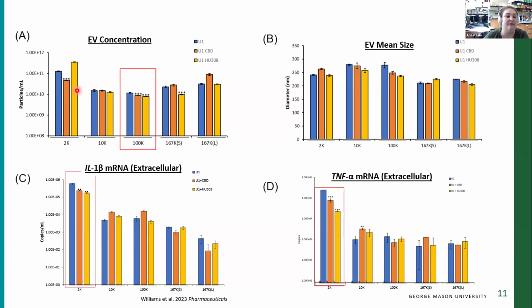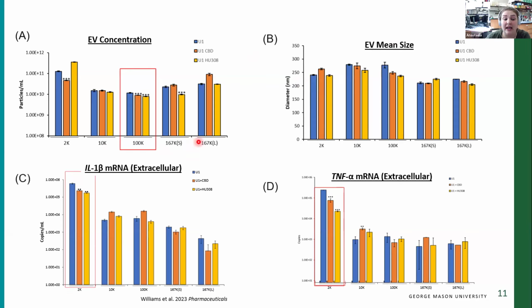For our different EV populations, what we can see is that both CBD and HU308 decrease the classical exosome population, or the 100K population, without significantly changing their EV size. And this is consistent with results that we have seen previously published in our lab, as well as others.